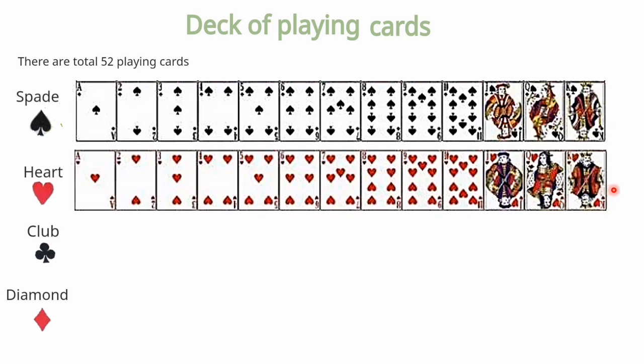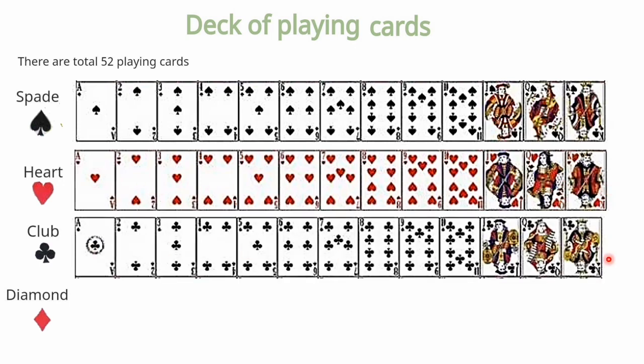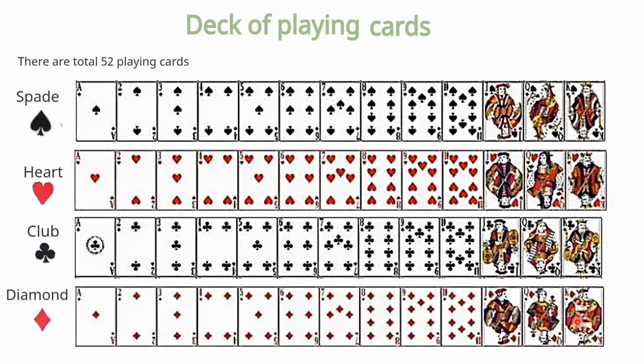And it is red in color, that is why it is called a red card. And the clubs are again black cards, with the same division: A, then number cards 2 to 10 and face cards J, Q and K. And in case of diamonds also the same thing: A, then number cards up to 10, then the 3 face cards. So this is the division of a deck of playing cards.